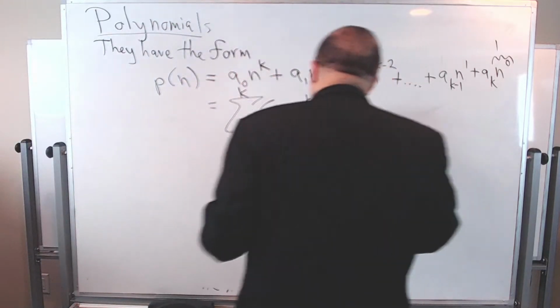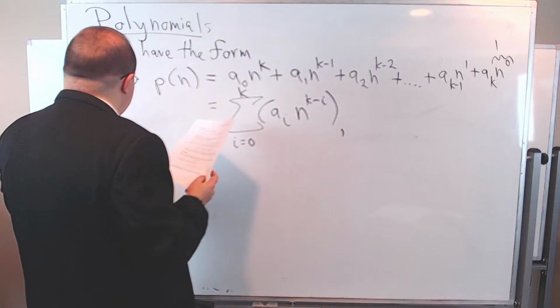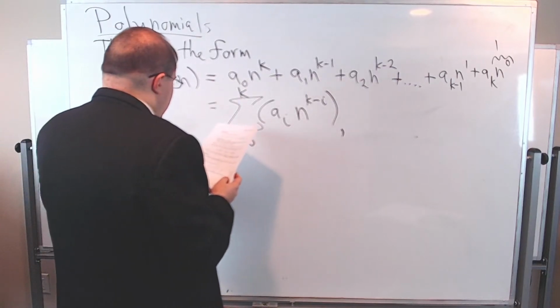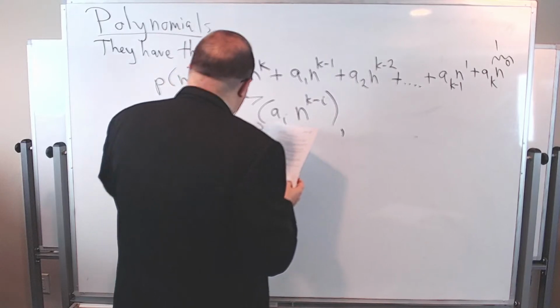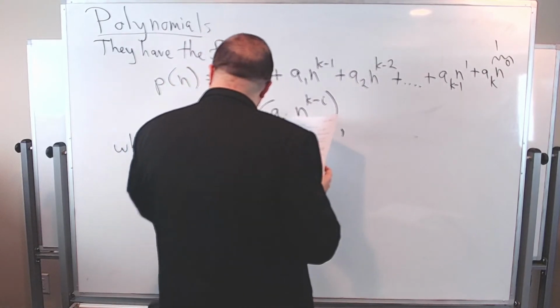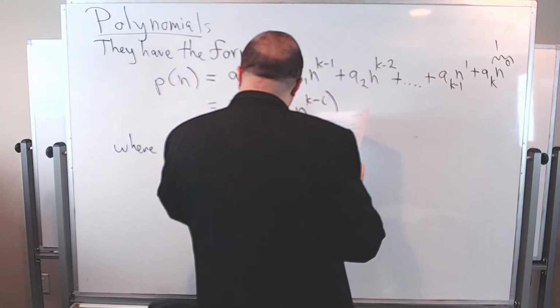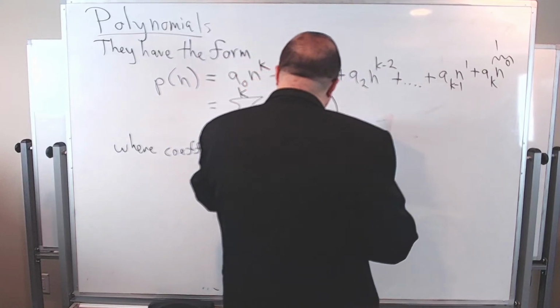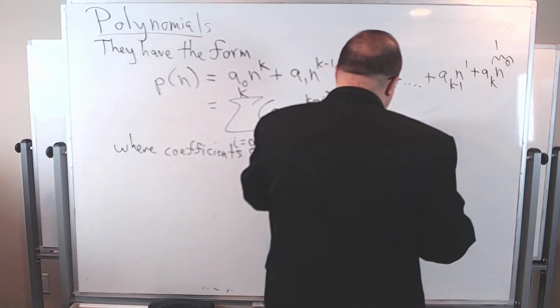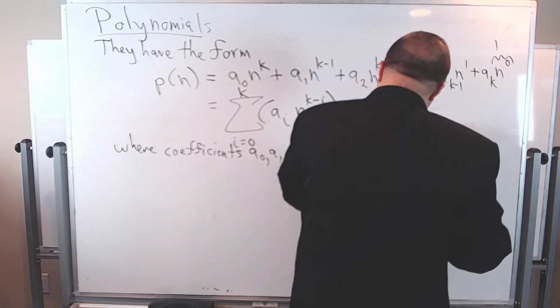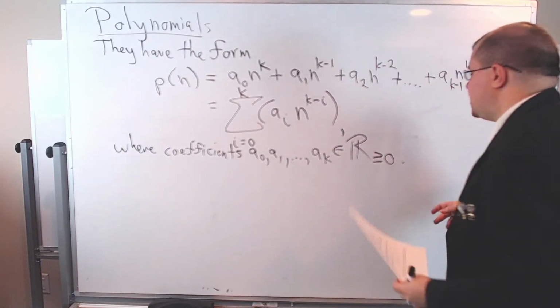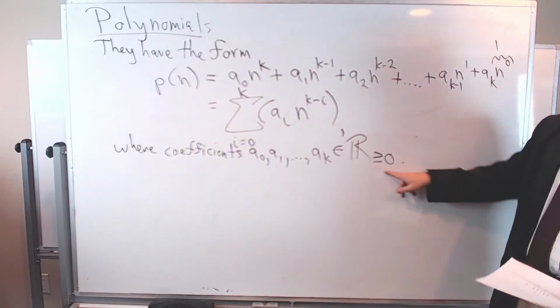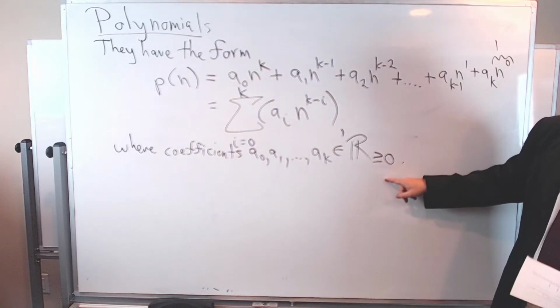I'm going to say where the coefficients, the a terms, a0, a1, all the way up to ak, are all going to be non-negative real numbers. Remember, this just says that it cannot be a negative number.